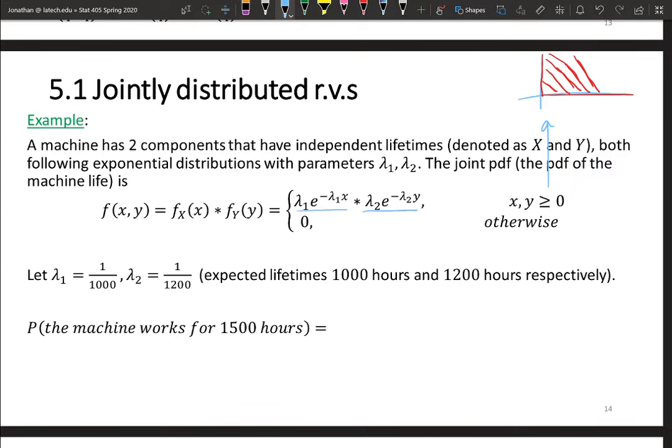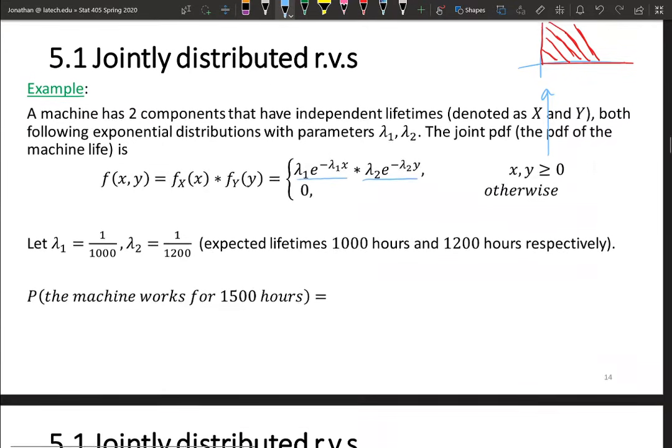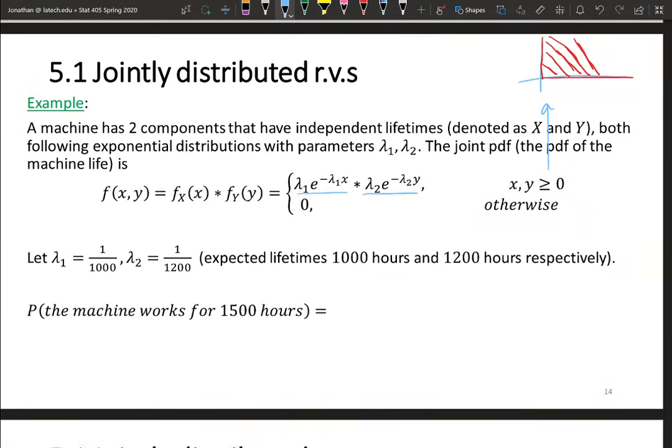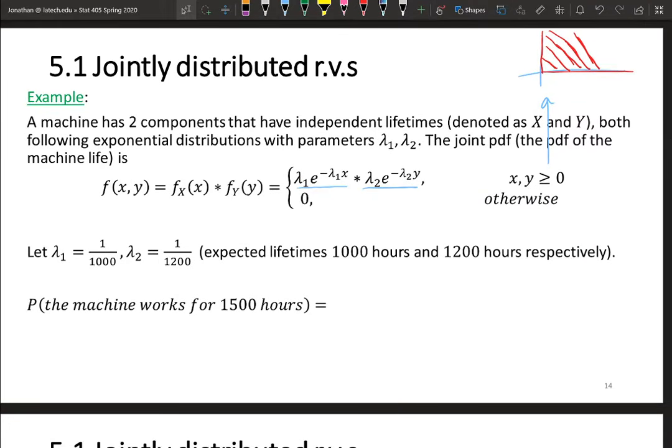Now it says, suppose that lambda 1 is 1 over 1,000 and lambda 2 is 1 over 1,200. So basically the expected lifetimes are 1,000 hours and 1,200 hours because it's 1 over lambda for the expected value for exponential. Now find the probability the machine works for 1,500 hours.